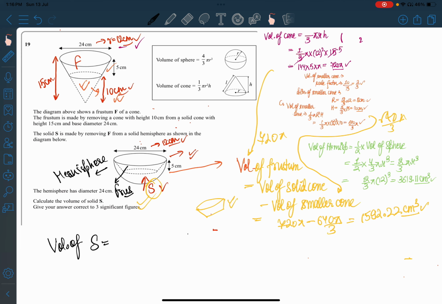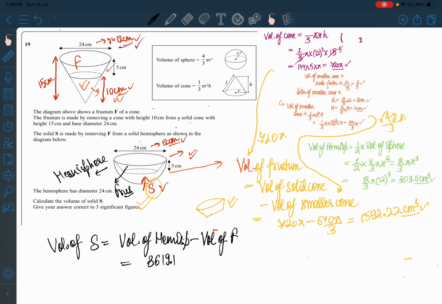So we will subtract the frustum from the hemisphere, and then we get the volume of the complete solid S. So the volume of the hemisphere minus the volume of F. The volume of the hemisphere we have got is 3619.11, minus the volume of F, which is 1592.22.